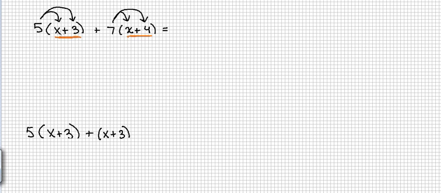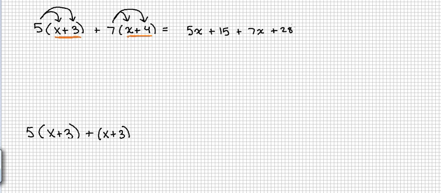So 5 times x would be 5x. Then we're going to multiply 5 times 3, and that would be 15. Plus 7 times x plus 7 times 4, which would be 28.